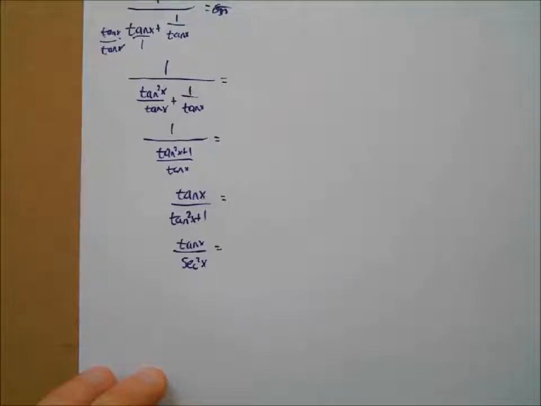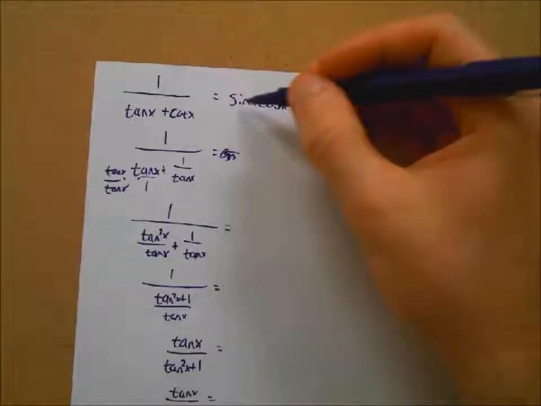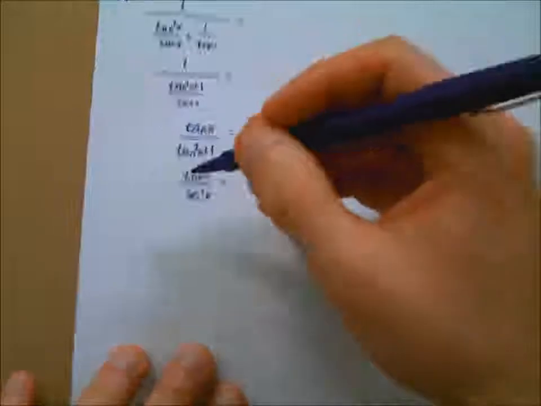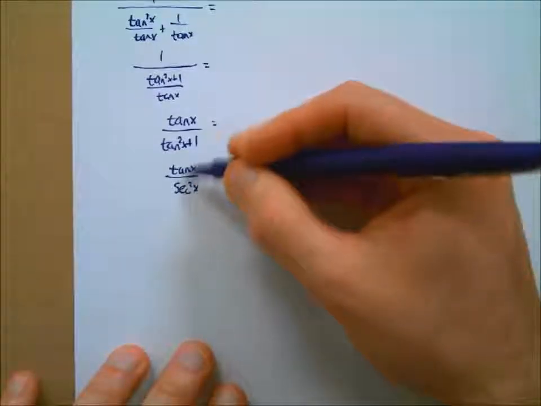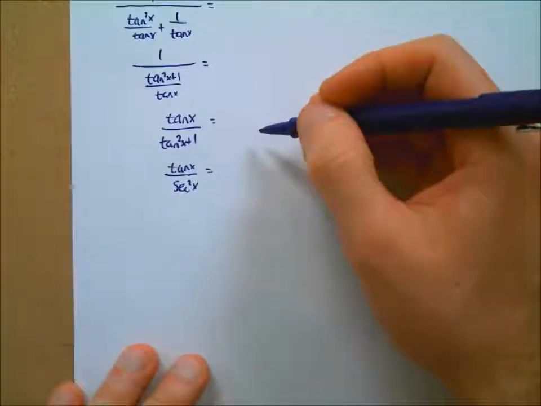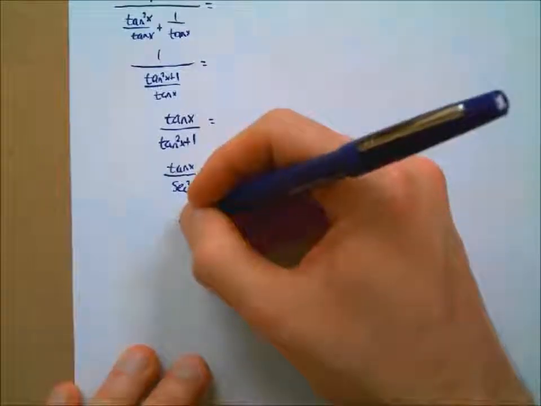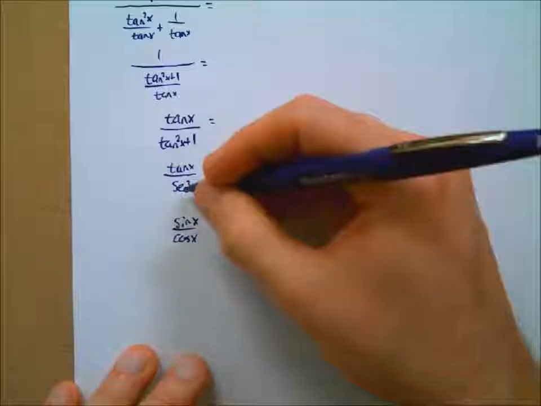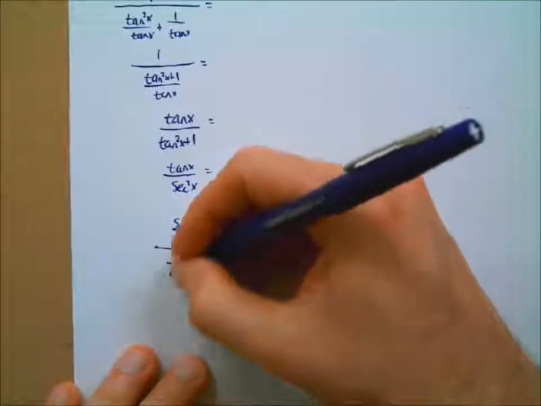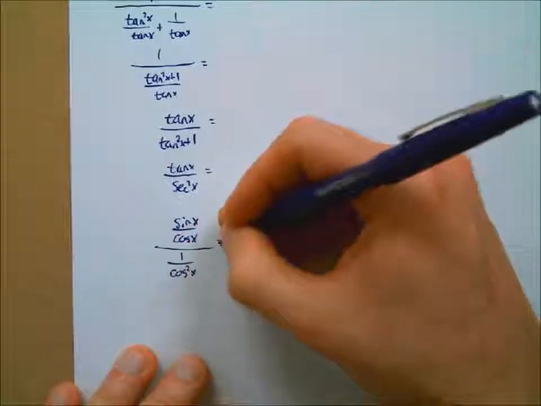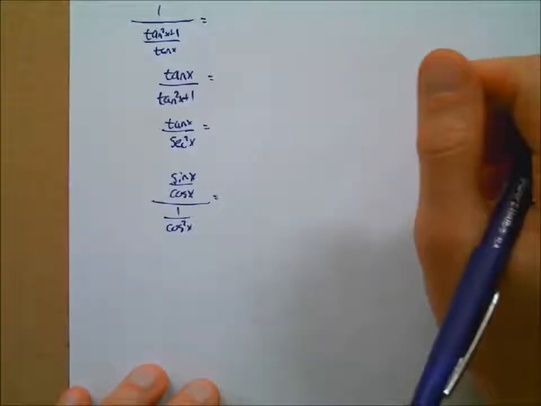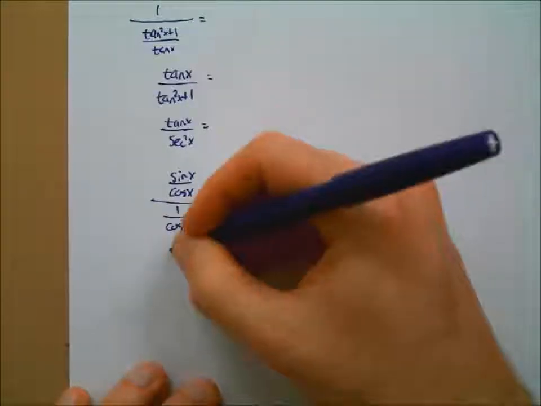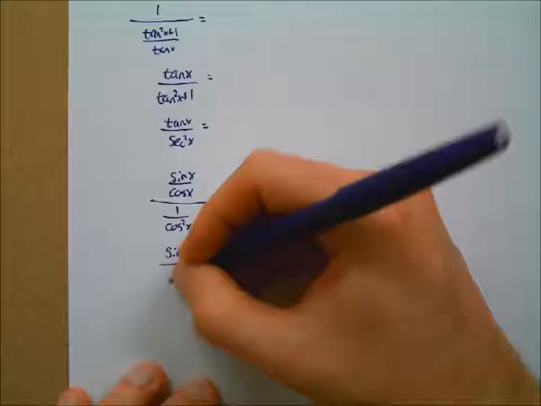You'll notice here we're shooting for something with sine and cosine. So what should we maybe do now? Make tangent, yeah, what? Sine x over cosine x, exactly right. Secant squared is 1 over cosine squared x. Okay, so instead of dividing by 1 over cosine squared, we'll multiply by cosine squared over 1.